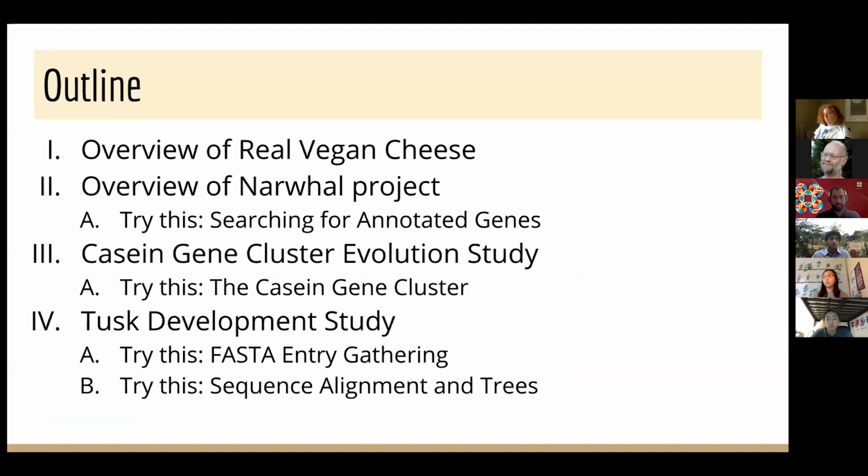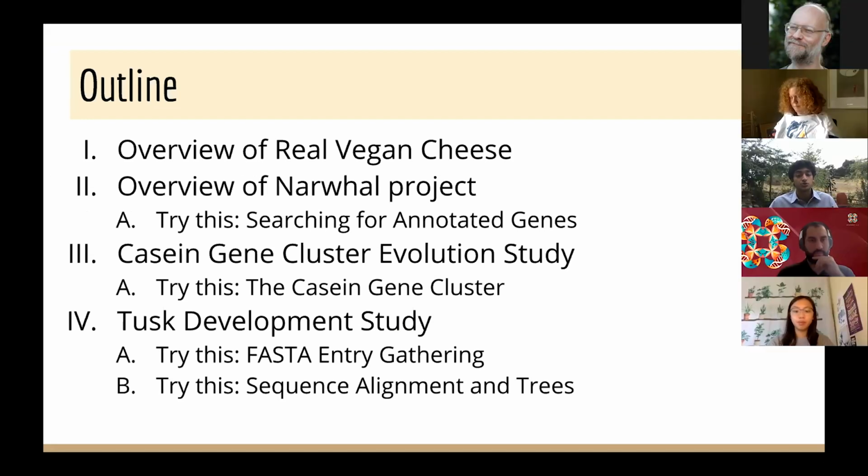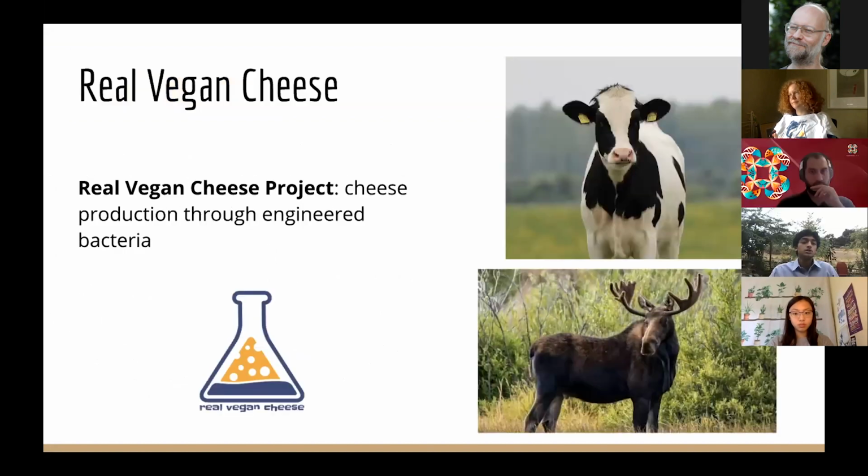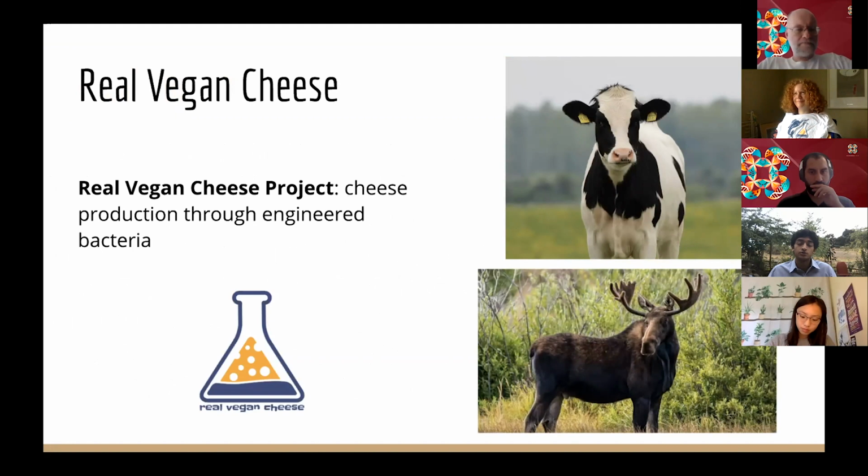Then we're going to look into two of the studies we're doing with our Narwhal project: the casein gene cluster evolution study and the tusk development study. In both of those, we're going to look at the casein gene cluster with recent data, and then we're going to make some FASTA entries, align some sequences, and make phylogenetic trees out of this.